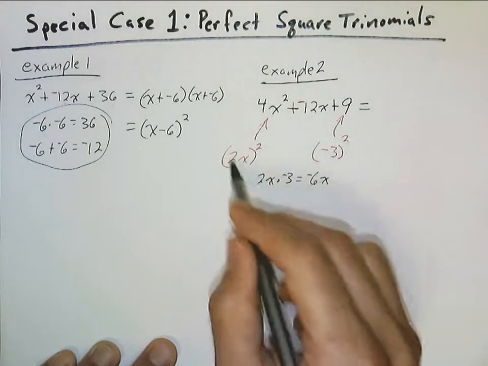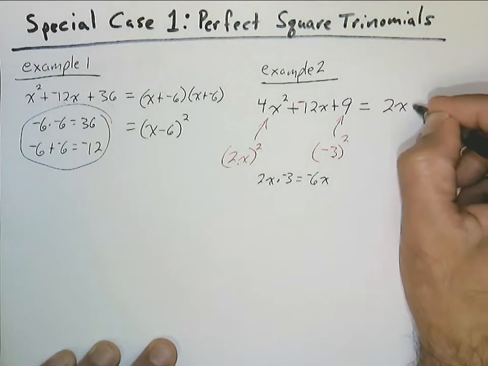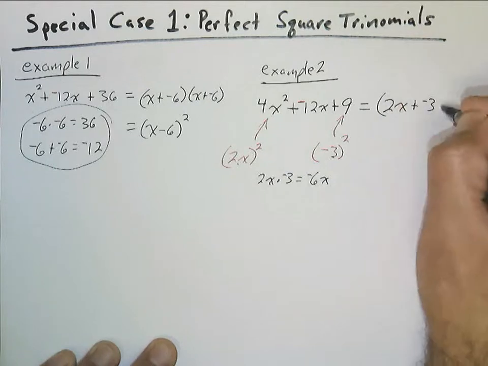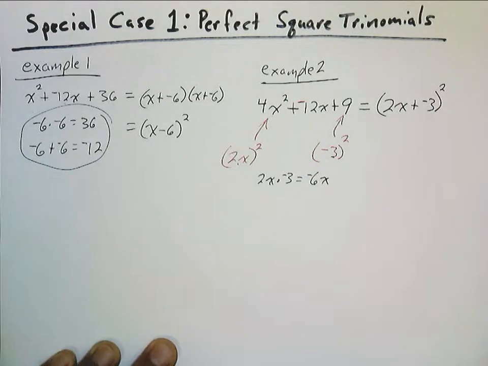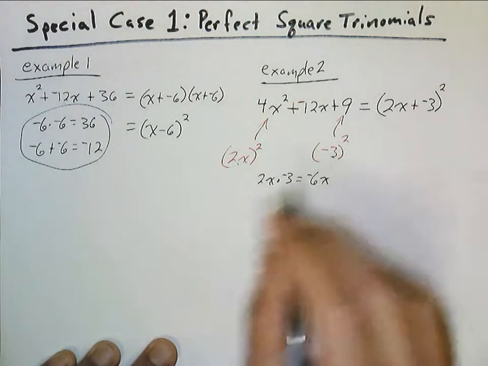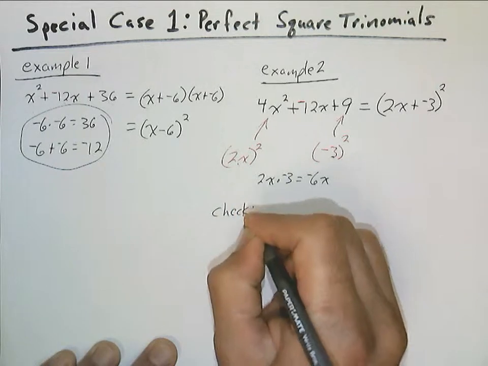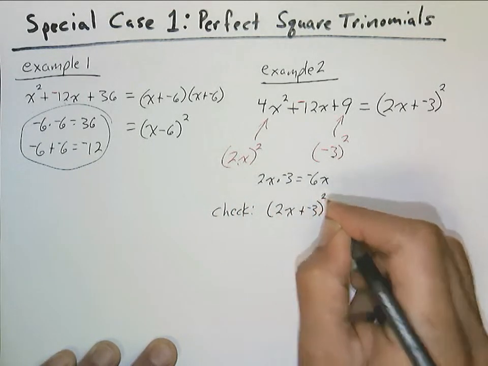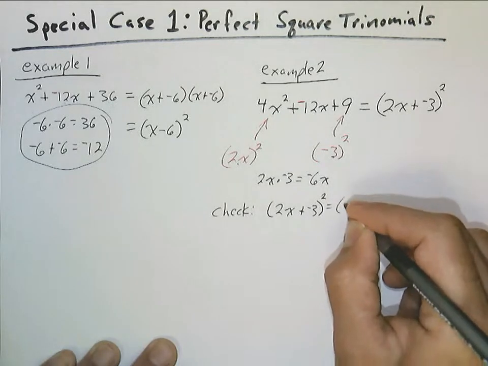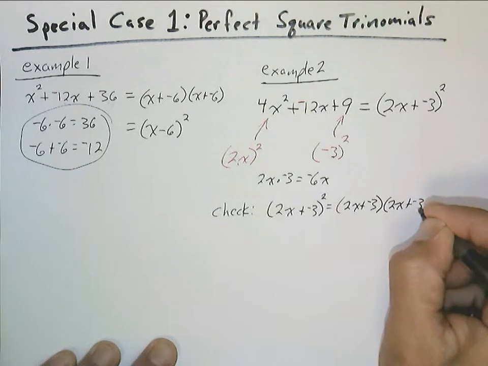So since this is the situation that we have, 2x plus negative 3 squared is exactly what we want. And let's see how this comes about just by checking it. 2x plus negative 3 squared is, of course, 2x plus negative 3 times 2x plus negative 3.